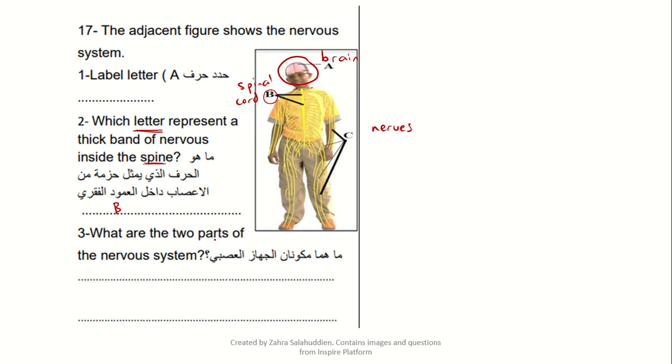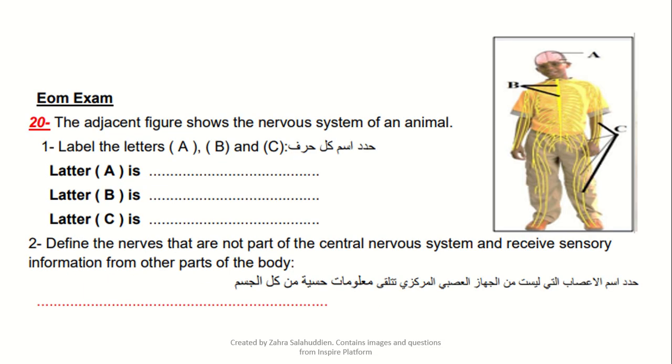Number 3, what are the two parts of the nervous system? Central and peripheral. You must know these words and try to learn their spelling as well, okay? Over here, you need to know what is A, B, and C. We've done that already. And this question's a little different.